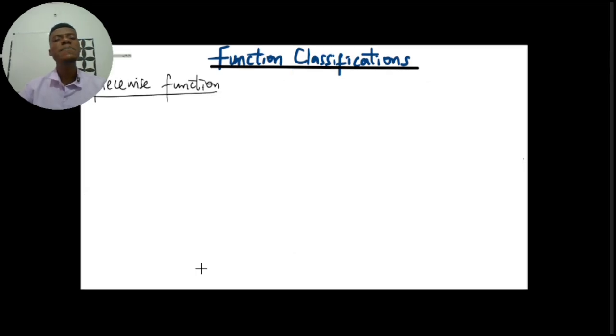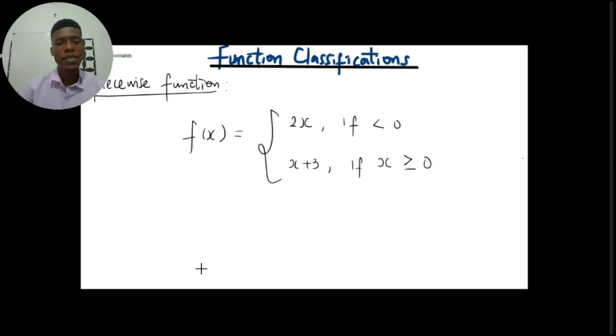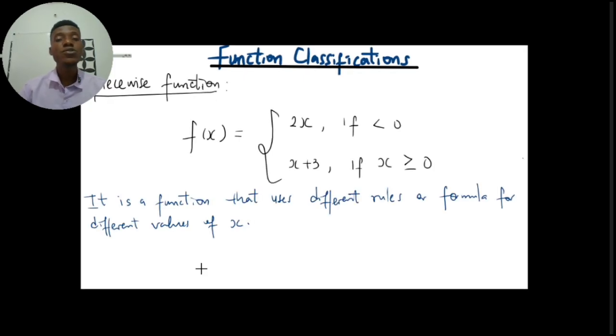Now, what is a piecewise function? A piecewise function is that function that uses different rules or formulas for different values of x. Take a look at this example. The example says that if x is less than 0, let your f of x be 2x. But if x is now 0 or greater than 0, let your f of x be x plus 3.